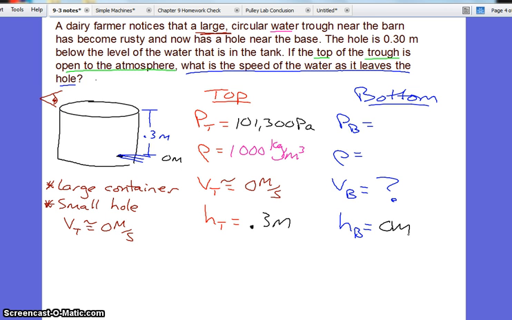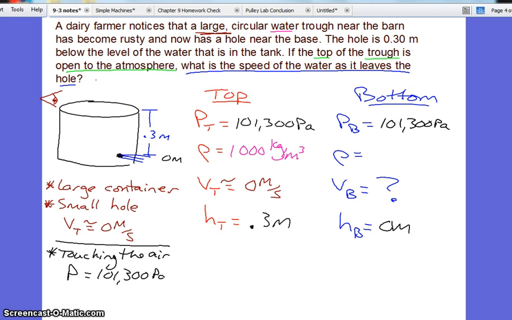Now for our values at the bottom here, besides the height, we have the pressure at the bottom. Now this hole is open to the atmosphere as well. So the pressure at that opening is 101,300 also. Whenever a section is touching the air, then the pressure is equal to atmospheric pressure. You might say, well, wait a minute.